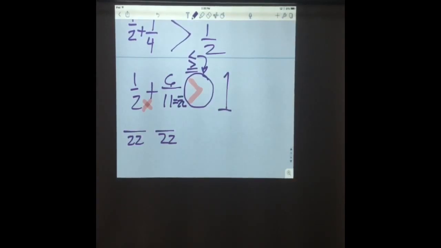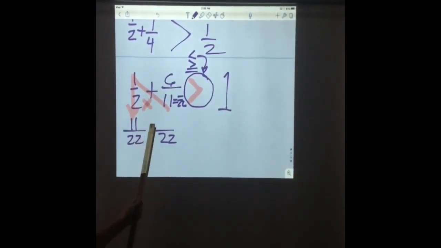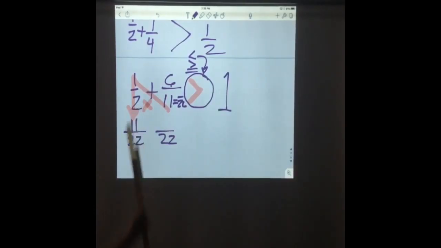And then we do our cross multiplying, right? So 11 times 1 is 11. 11 is what? It's half of 22, isn't it? So if I covered up this half right here, guess what? You got a half. You notice that? Isn't that weird? Anyway, and then I'm going to cross multiply the other way.